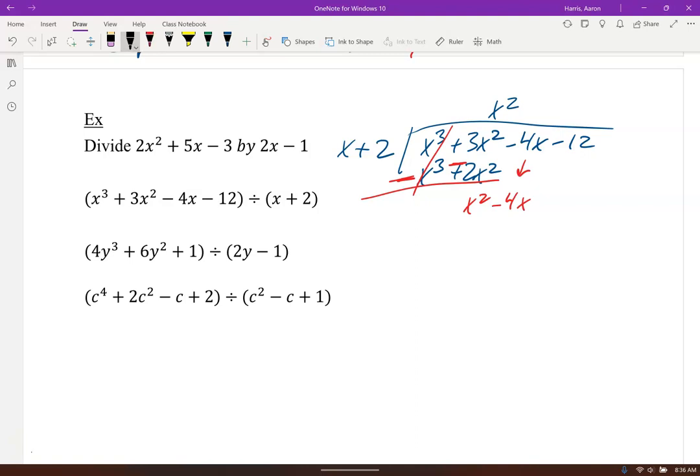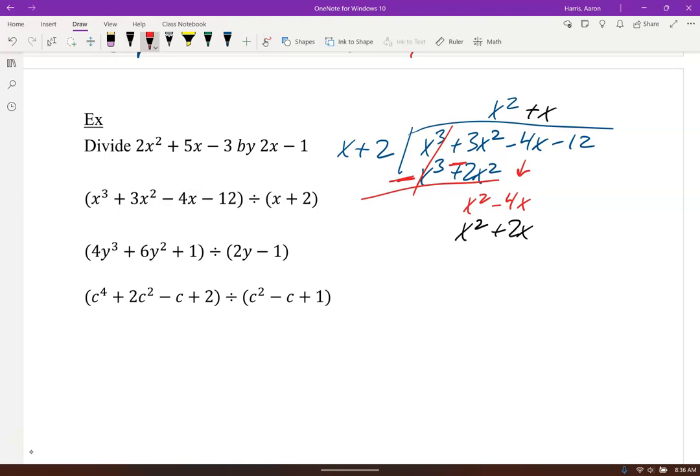And now we're thinking, what times x gives me x squared? And what is it, you guys? Good. Positive x. So let's go ahead and multiply through. X times x gives me x squared. X times 2 gives me 2x.